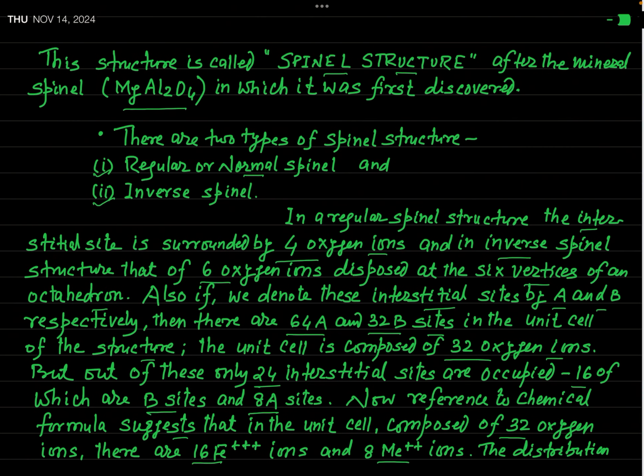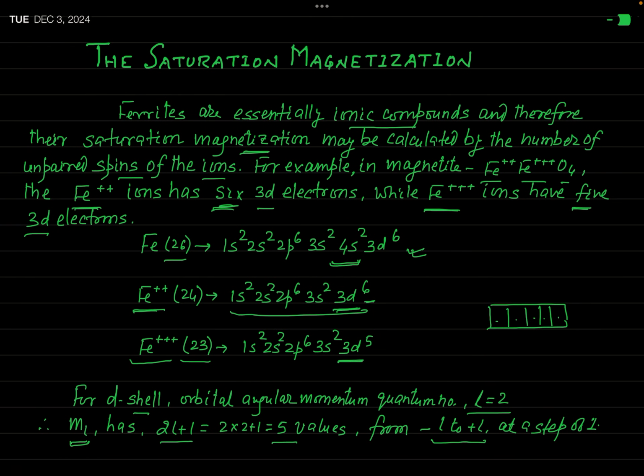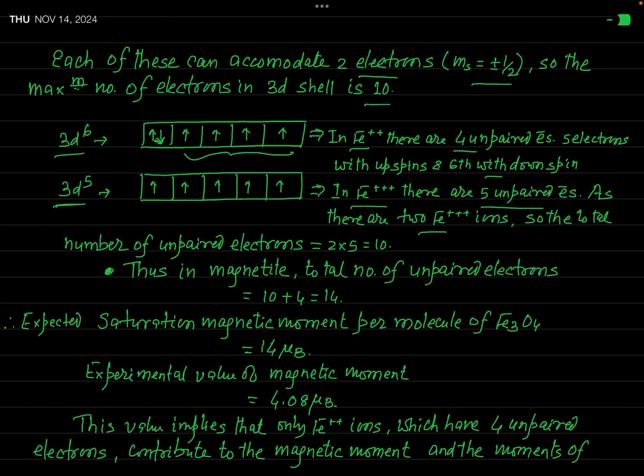So actually in this ferrite there are 2 Fe triple plus ions, and each Fe triple plus ion contains 5 unpaired spins. So the 2 ions will contain a total of 2 into 5, that is 10 unpaired spins. So the total number of unpaired electrons, or spins, from these will be equal to 10.